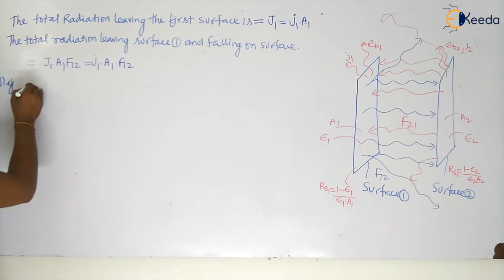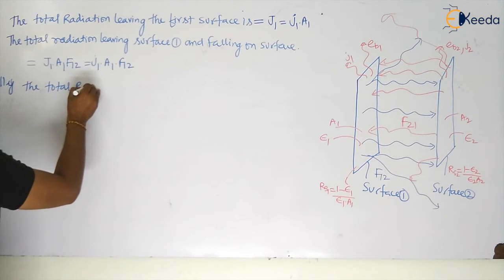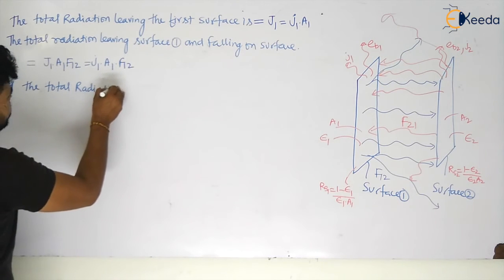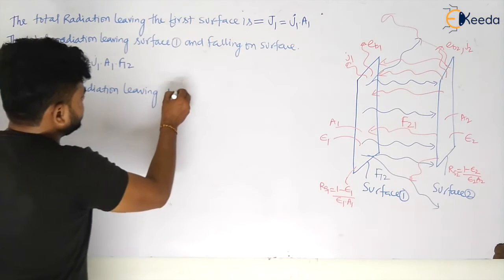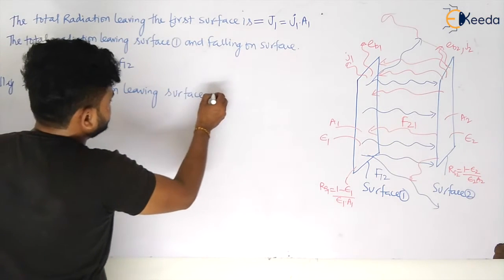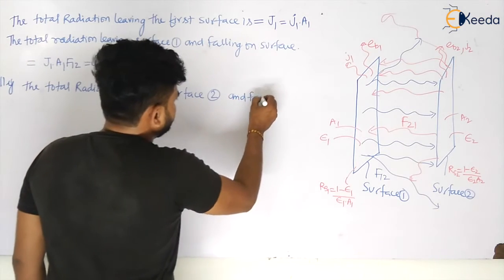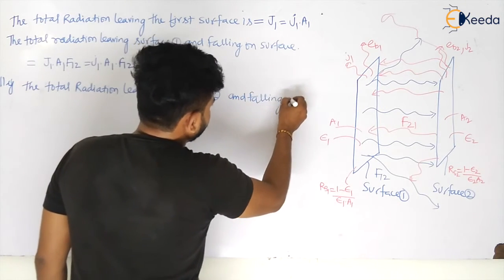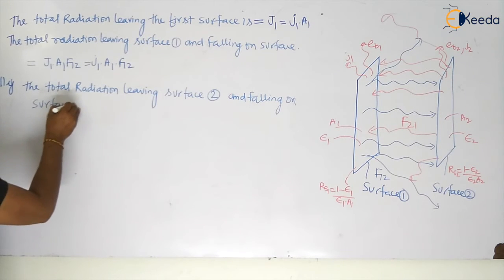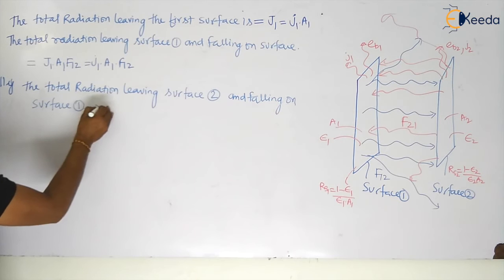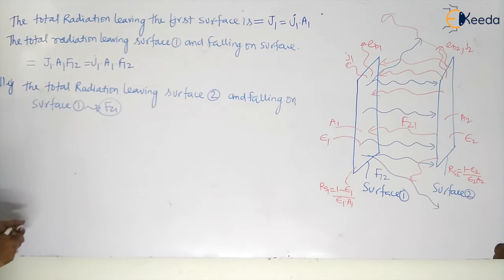Similarly we can know the total radiation leaving surface 2 and falling on surface 1, that will be defined by F21, my dear students. So let us see.